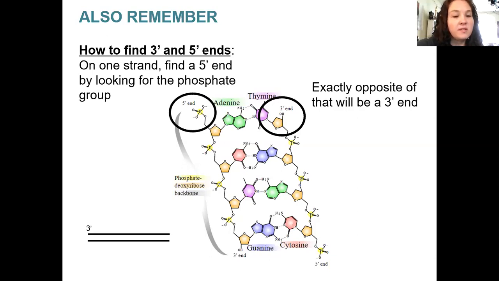So let's just choose this to be the 3' end of the top strand. So that means the bottom strand exactly opposite will be 5'. And on the other side, because the 3' is over on the left here, this is going to be 5'. And then exactly opposite of that, please excuse my cat, that is 3'.